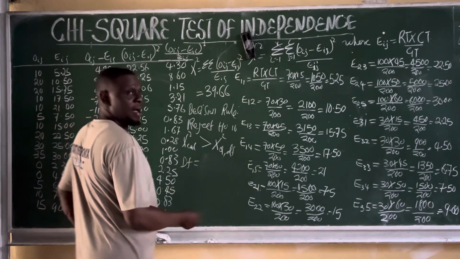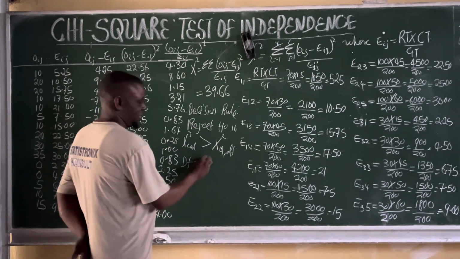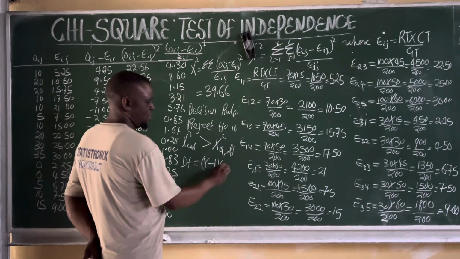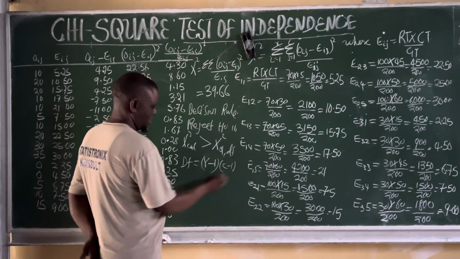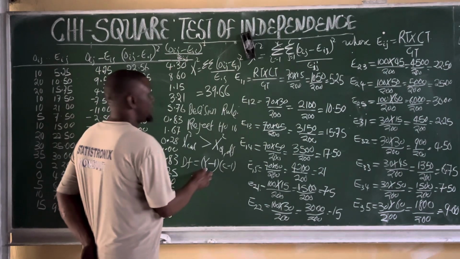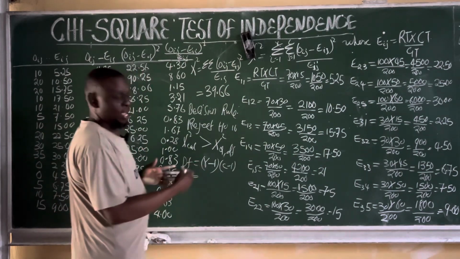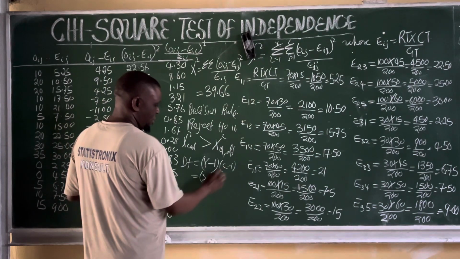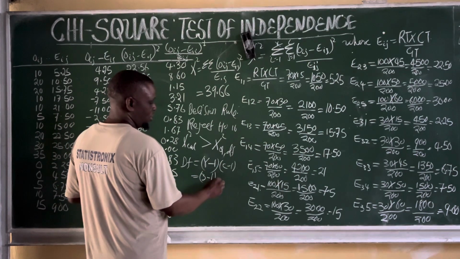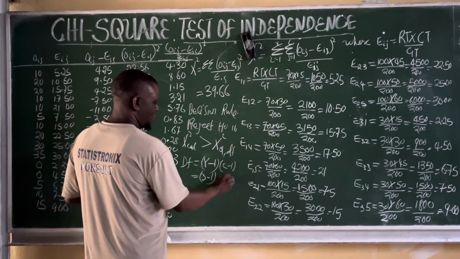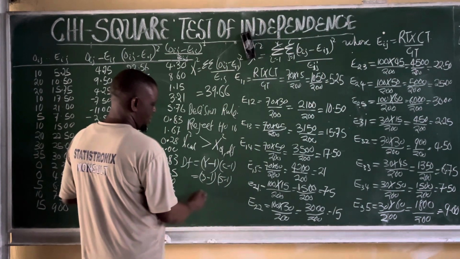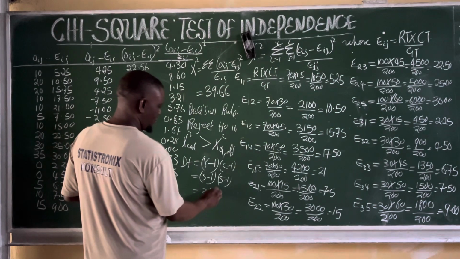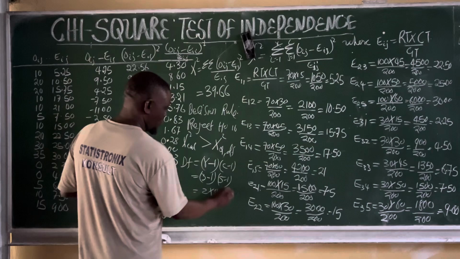So now our degree of freedom is given by number of rows minus 1 times number of columns minus 1. And that will be equal to, we have the number of rows from what we are given is equal to 3, minus 1, times the number of columns, 5 minus 1. All of that will be 2 times 4, which is equal to 8.